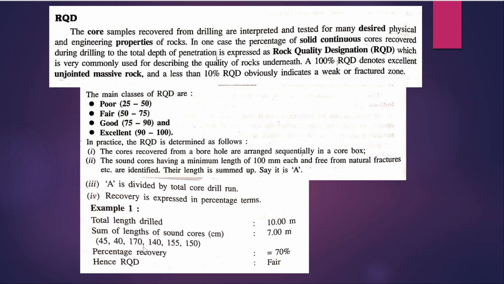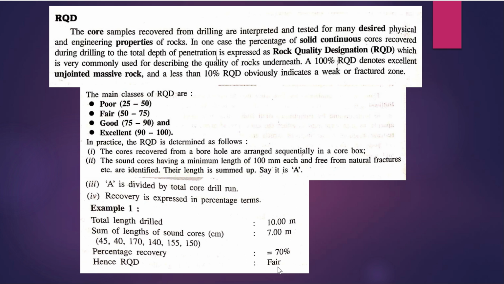So the total is 7 meter. Percentage recovery is 7 divided by 10, that is 70%. So RQD indicates fair. 50 to 75 is fair. So here RQD comes under the category fair because it is 70%.